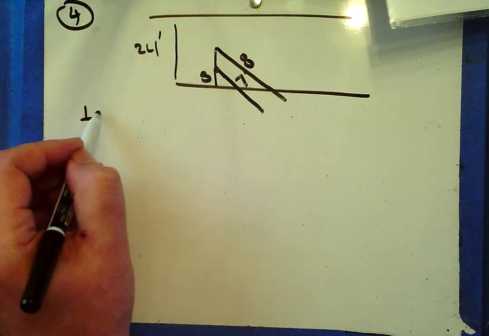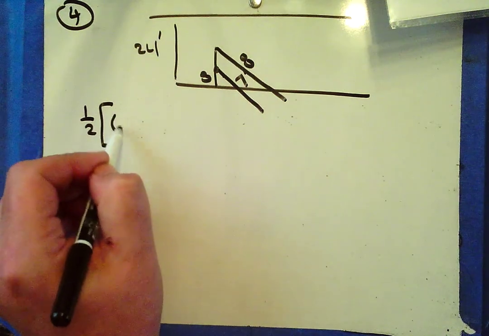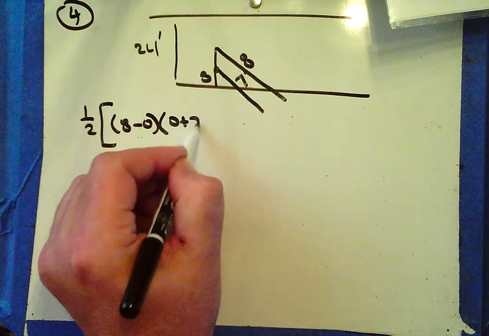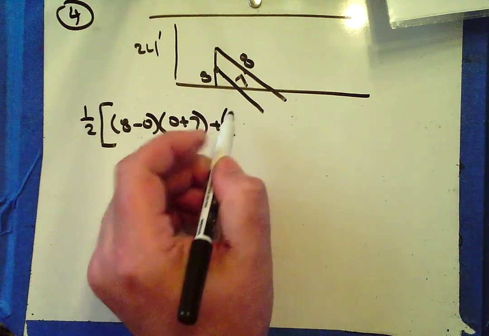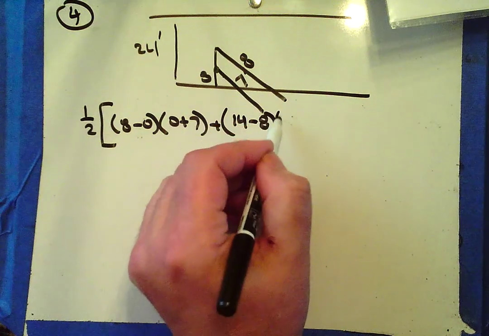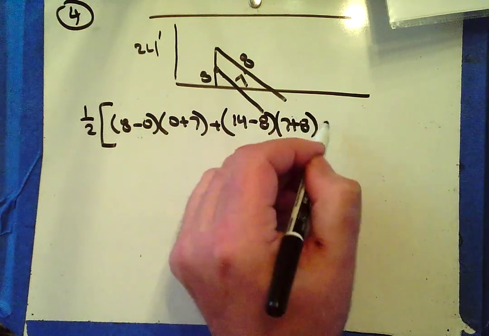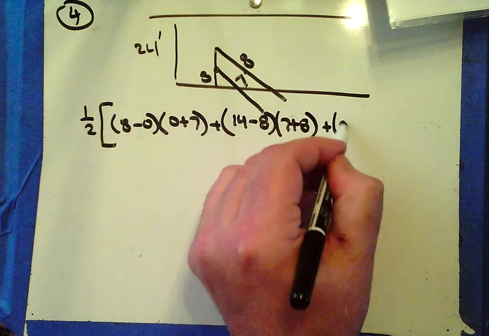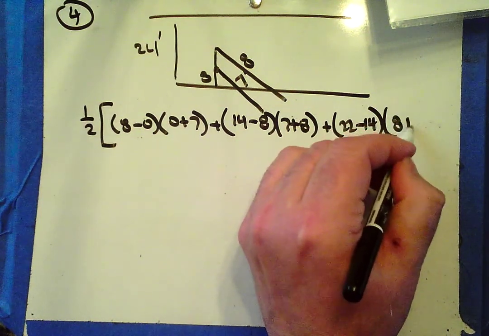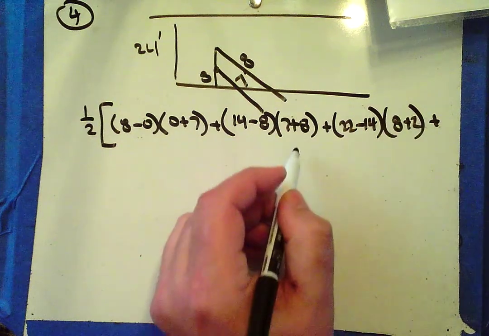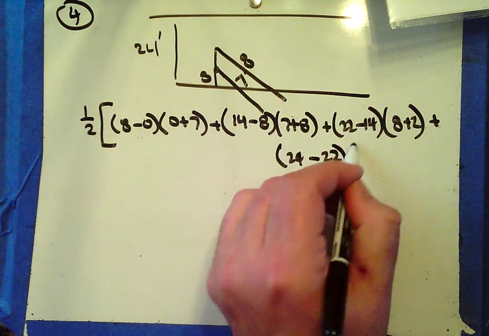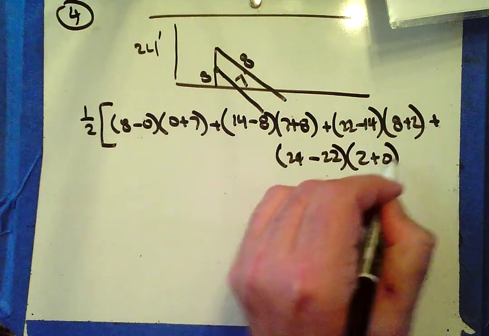Instead, I say 1/2, and then the first trapezoid, 8 minus 0 times 0 plus 7, and then the second trapezoid, 14 minus 8 times 7 plus 8, and then the third trapezoid, 22 minus 14 times 8 plus 2, and finally the fourth trapezoid, 24 minus 22 times 2 plus 0.